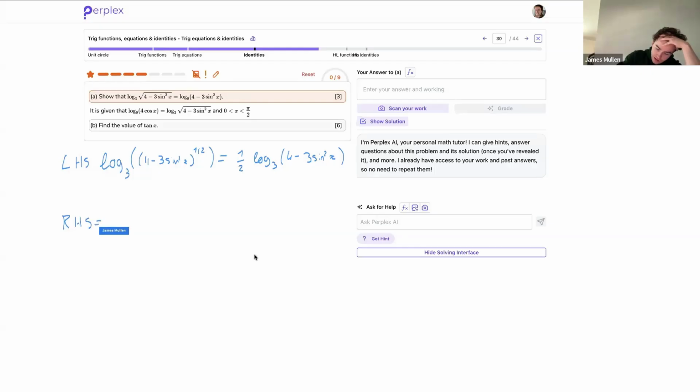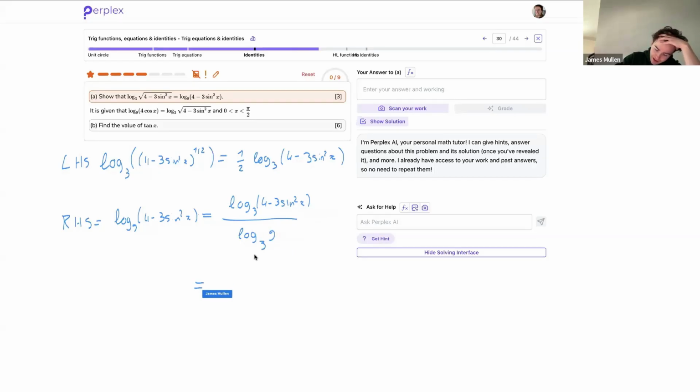is log base 9 of 4 minus 3 sin squared x. And I can use my log change of base to say that this is log base 3 of (4 minus 3 sin squared x) over log base 3 of 9.